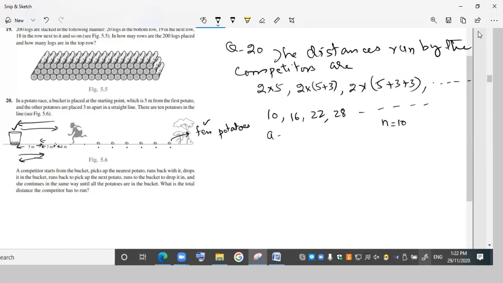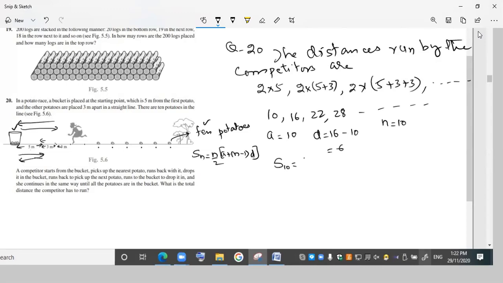The first term is 10. The common difference is 16 minus 10, that is 6. You can check: 16 plus 6 is 22, plus 6 is 28. And the sum of 10 terms we have to find. That will give the total distance covered. We use the same formula, generally this formula, because we do not have the last term: a plus n minus 1 into d.